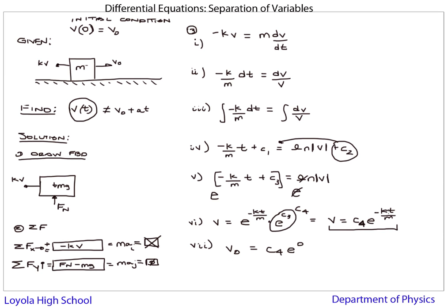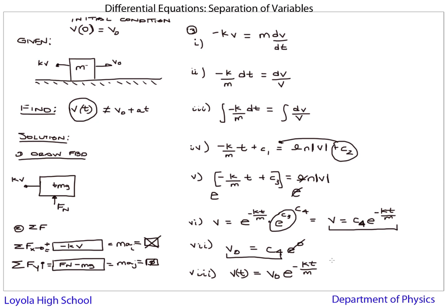So when time is equal to 0, when this t is equal to 0, that's e to the 0. That's the constant. The velocity is v0. So in a nutshell, the constant is the initial velocity. So we can finally write in step 8, I'm breaking this up into really small steps, so there's 8 steps here. So velocity as a function of time is equal to v0 e to the minus kt over m.